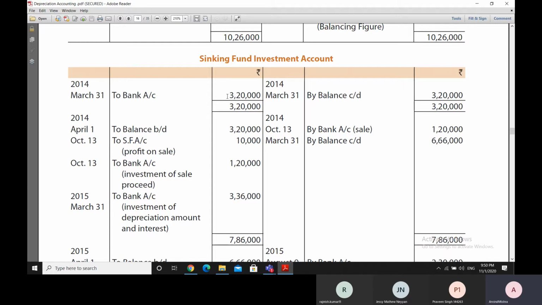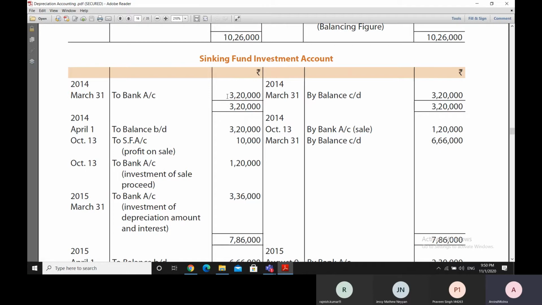So thereby we are transferring this 3,20,000 rupees from the bank account into the sinking fund investment account and making a specific investment here. Why are we making this specific investment? Because this is equal to the amount that we transferred from the profits to the sinking fund account.